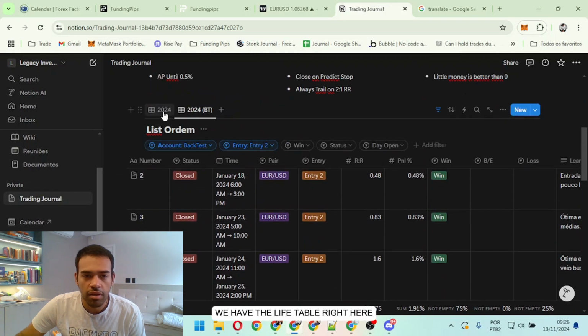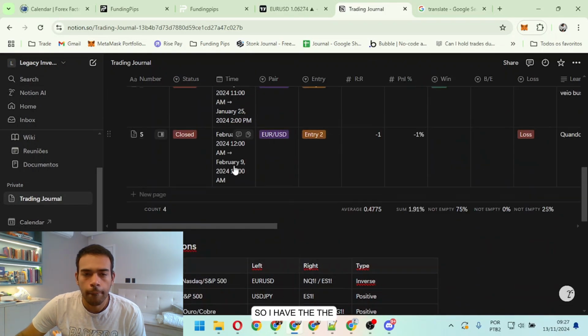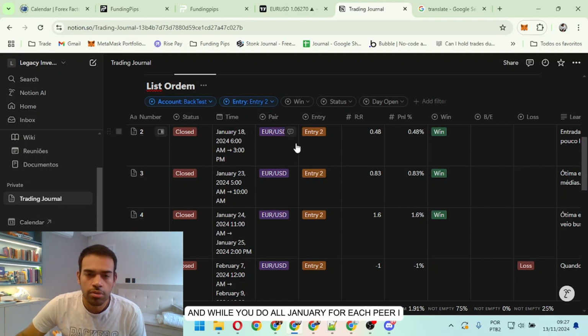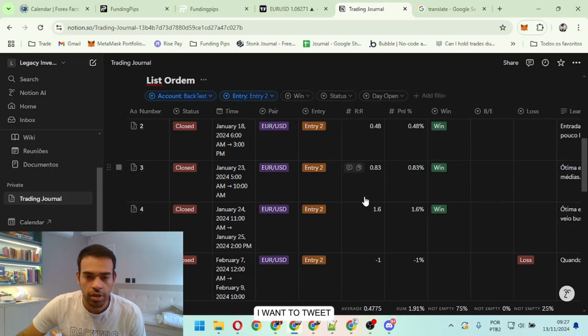Okay, we have the live table right here. So I have the interest to do all this year's backtest. So I start in January, and I will do all of January for each pair I want to trade.